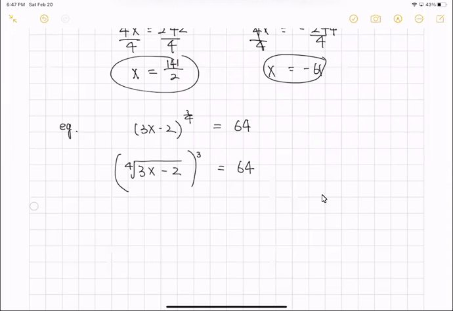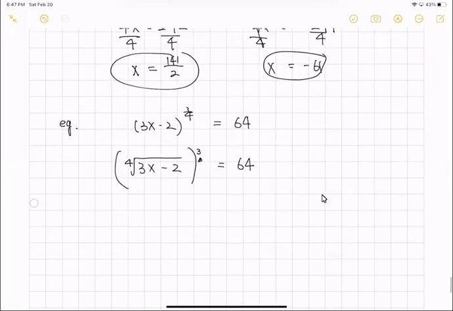So in this one, it's an odd power. We need to what? By the odd root property, we don't need to check the answer.